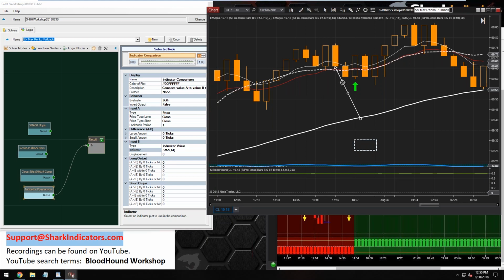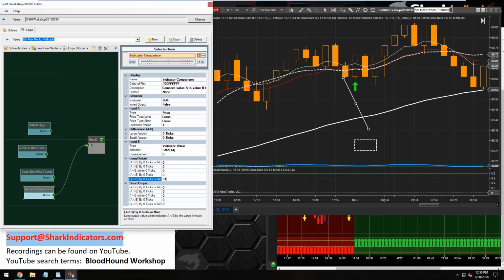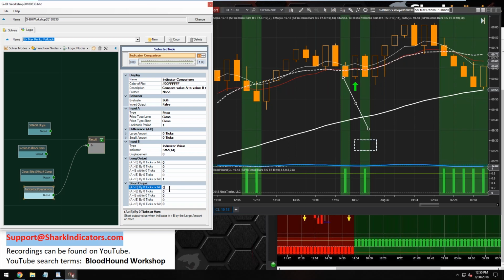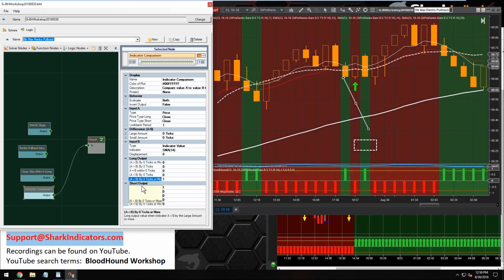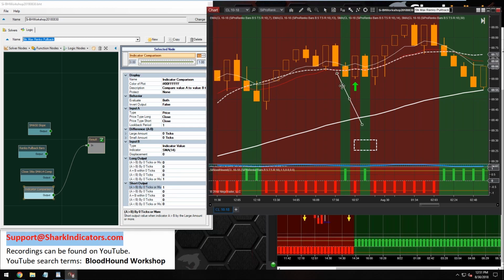So I'm going to use this output down here, like so. And your short outputs are almost always the opposite of your long outputs. I'd say 99% of the time your short output is opposite whatever your long output is. So once you figure out what your long output should be, just use the opposite for your short output. And there we go.